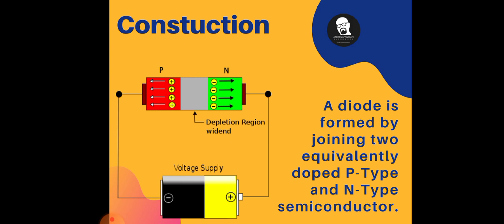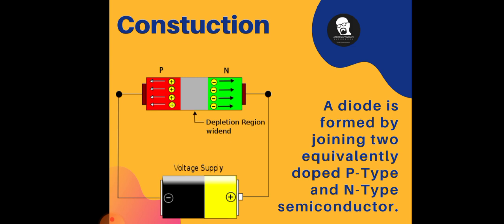So some electrons are combined with holes from the p-type semiconductor, and some holes from the p-type semiconductor are combined with n-type electrons. When recombination takes place, some particles, like holes from the p-type semiconductor and electrons from the n-type semiconductor, don't find a pair for recombination.